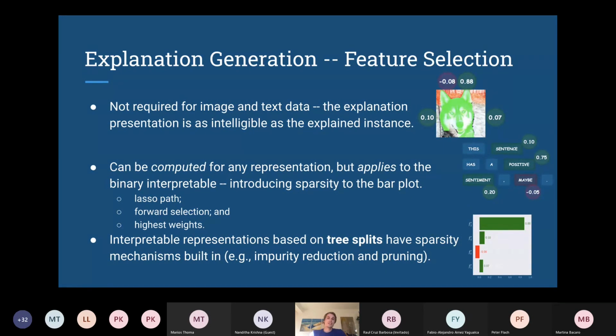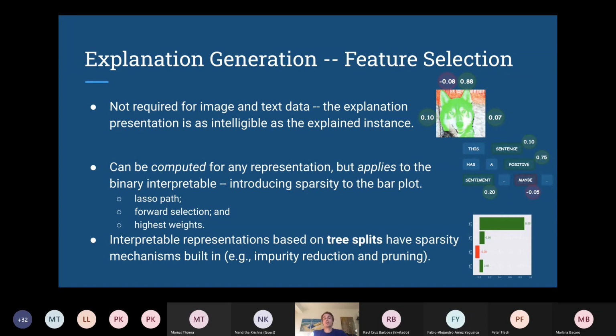With images and text, you could convey the explanation with the original instance. So you could just overlay the explanation on top of the image or the sentence, which was way easier for the explainee to understand and read. In case of tabular data, this may be a bit overwhelming as well, because if you have a lot of features, you do not really want to communicate all of them to the explainee.